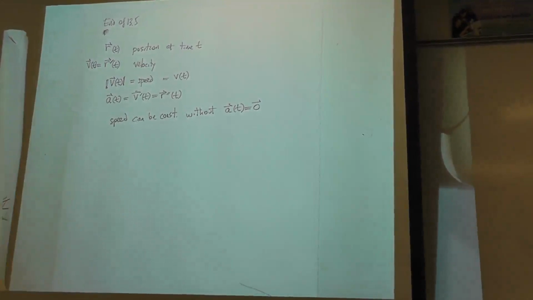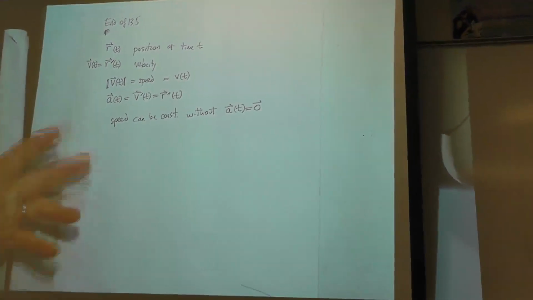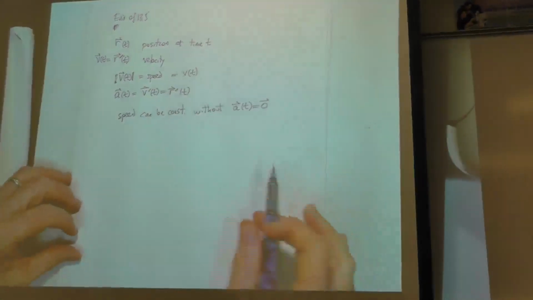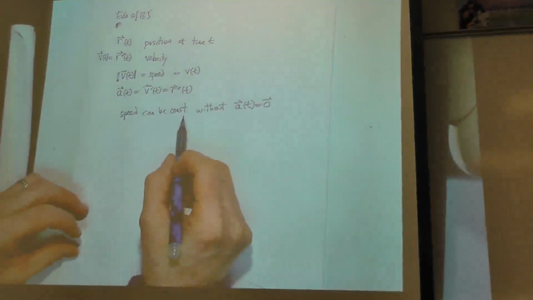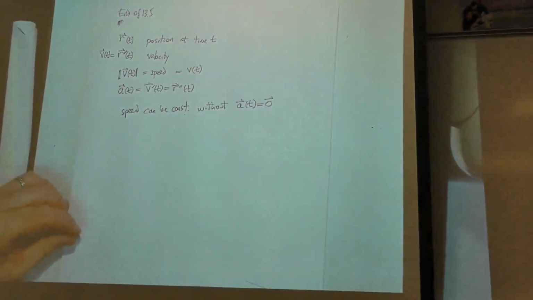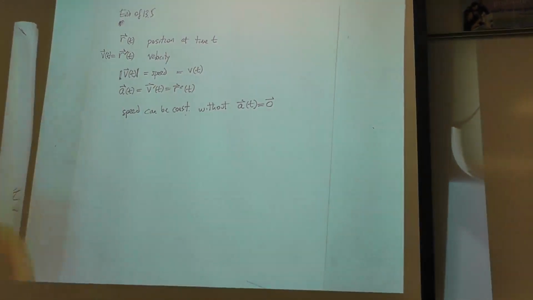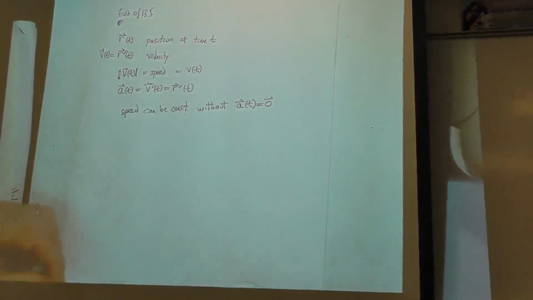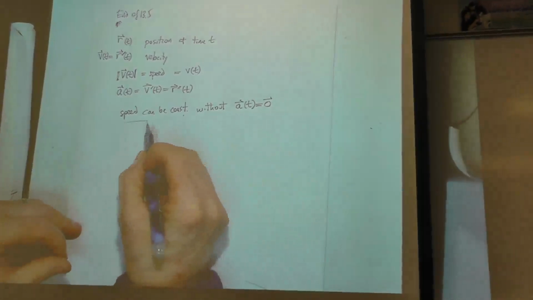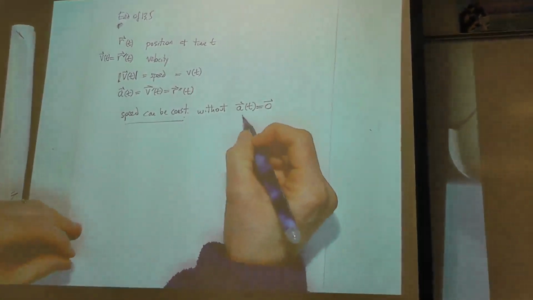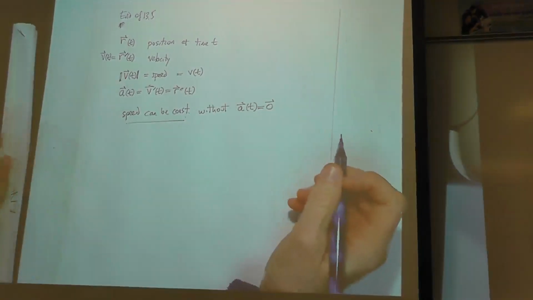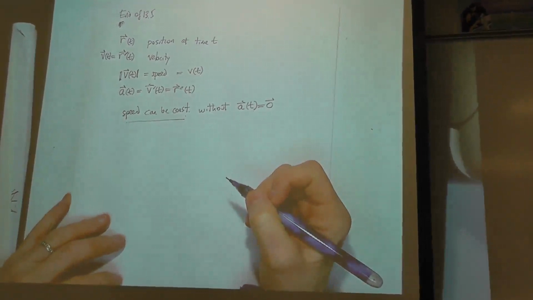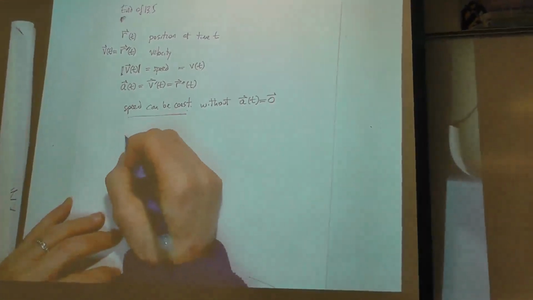And it's because we're dealing with motion in more than one direction. And consequently, speed is only part of the understanding of velocity. You also have direction. And so if speed is constant, but acceleration is not zero, that's because you've got a change in direction. Okay?